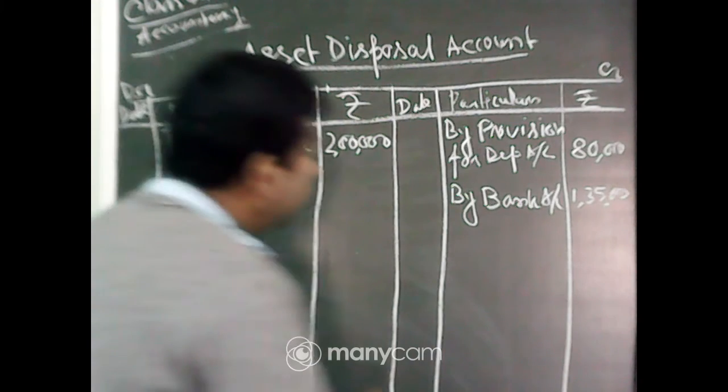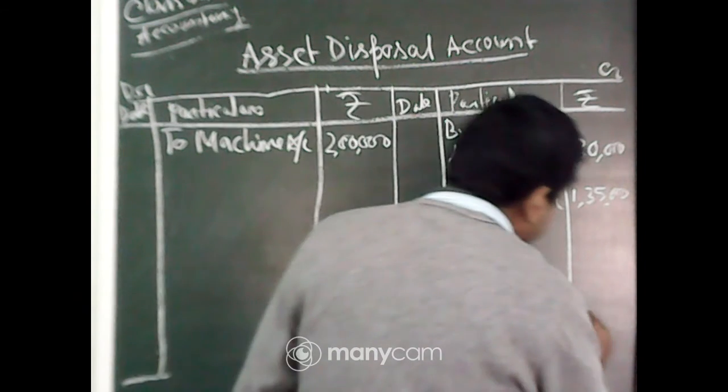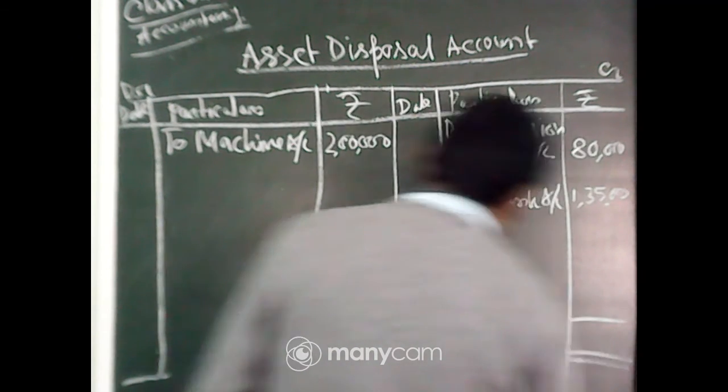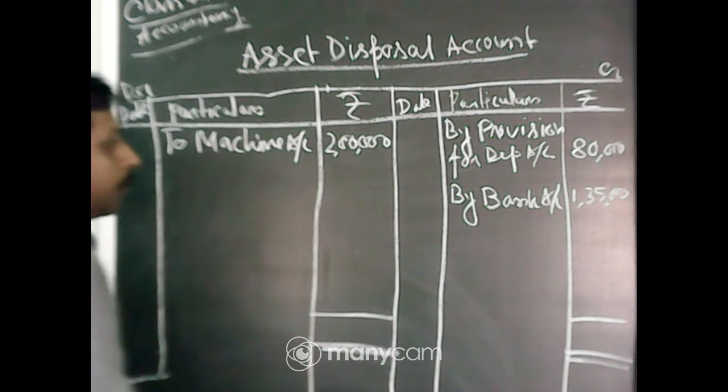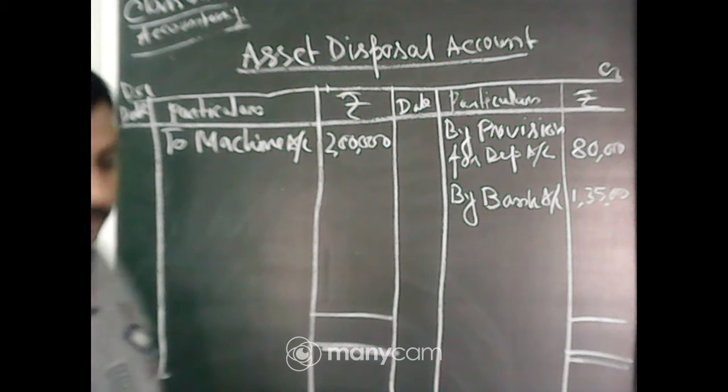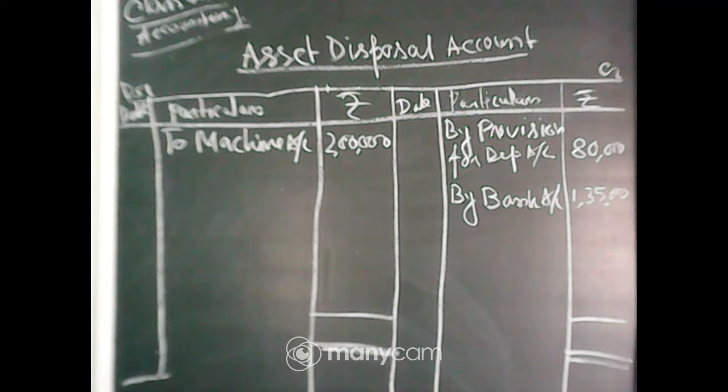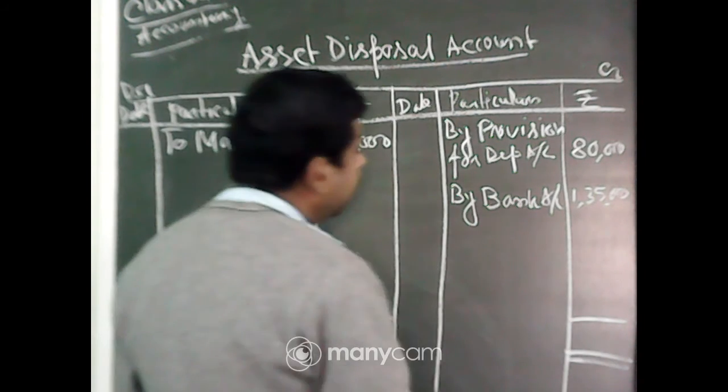Now from here you easily know what our next step is. Our next step is to find whether there is a profit or loss. Whatever the balancing figure will be, that will be the profit or loss.